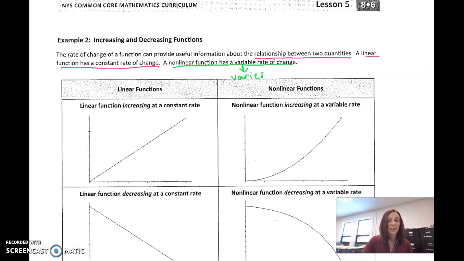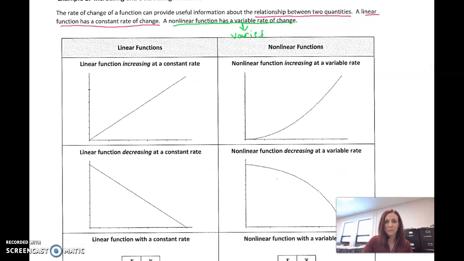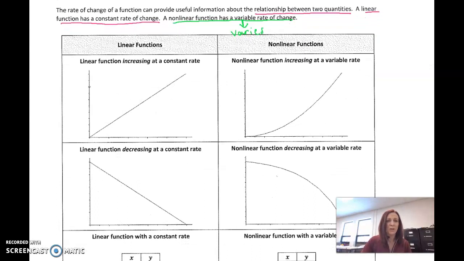Okay, so if you kind of look at this chart right here, it gives you some examples, right? So a linear function increasing at a constant rate, we see a nice straight line. A nonlinear function also increasing, but this time at a variable rate. You can see that as time goes by, we read our graphs from left to right, the graph is increasing, but it's not straight.